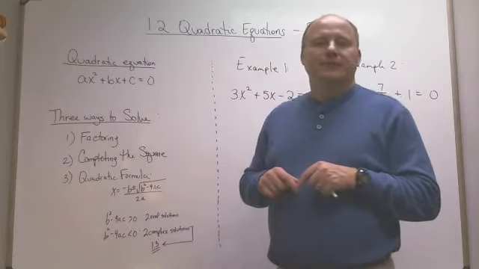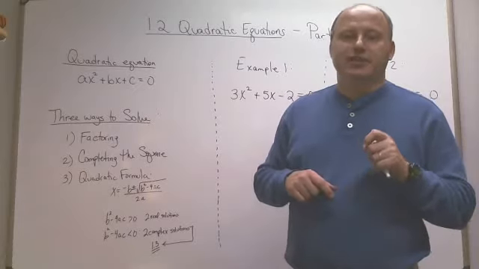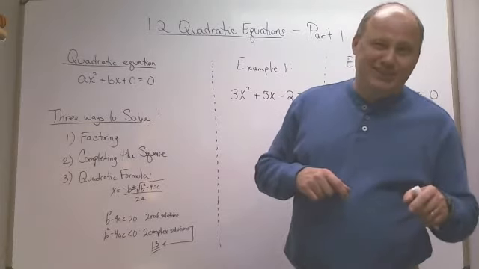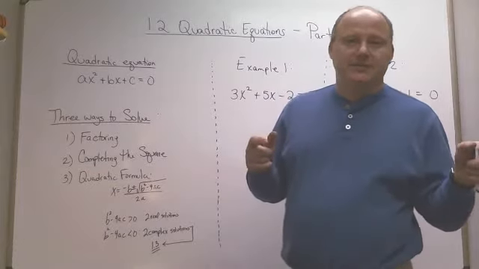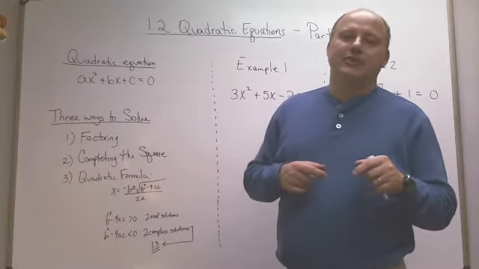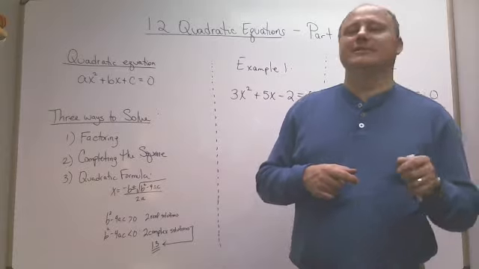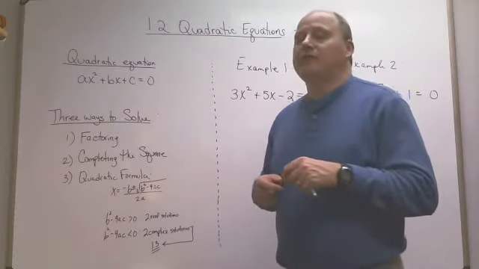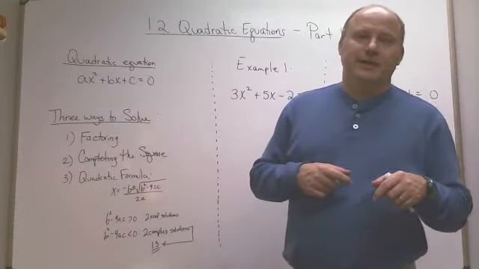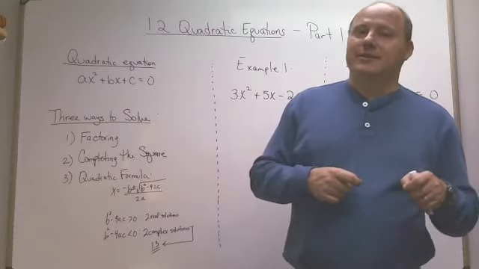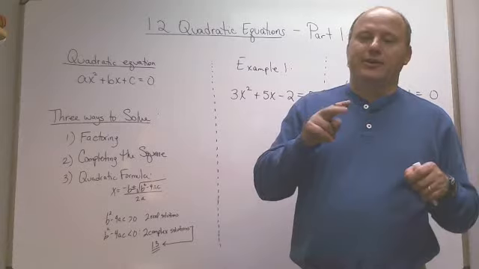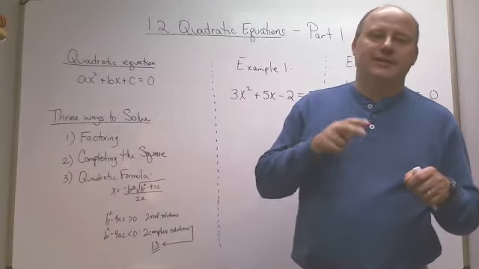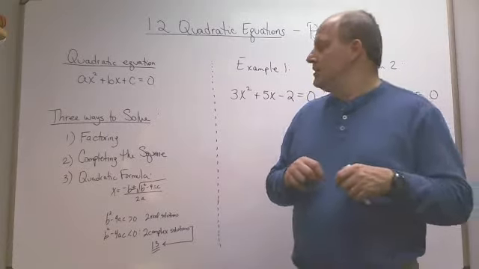By the way, b squared minus 4ac is called the discriminant. You don't need to know the name. If the discriminant is positive, you have two real solutions. If it's negative, you have two complex solutions. If the discriminant equals 0, you have only one answer, with what we call multiplicity 2. The answer is there twice.